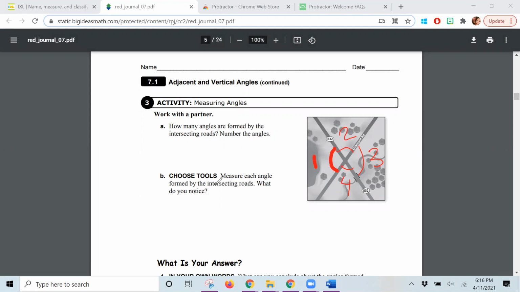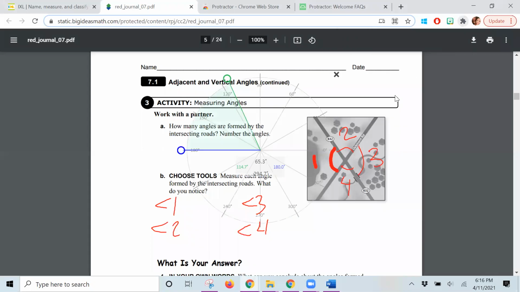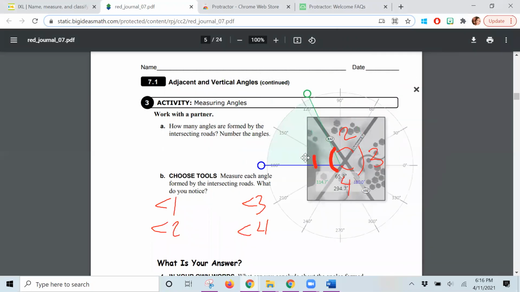Now I want you to measure each angle formed by the intersecting roads. So we've got angle 1, angle 2, angle 3, and angle 4. Let's go ahead and pull up that tool and measure these angles. Again, I'm going to put it right on that intersection, best I can.